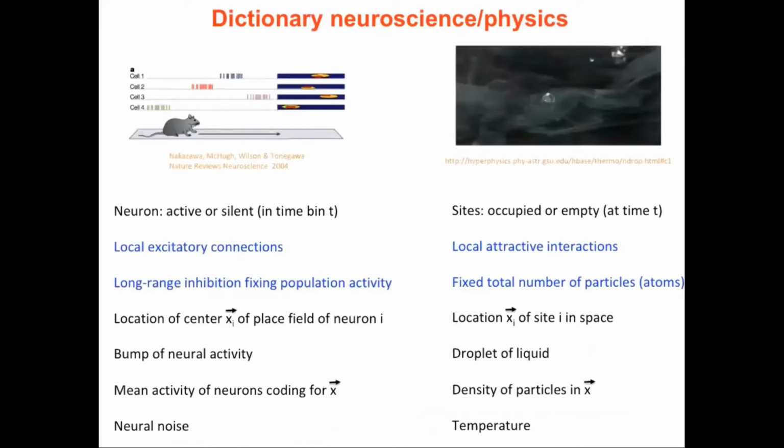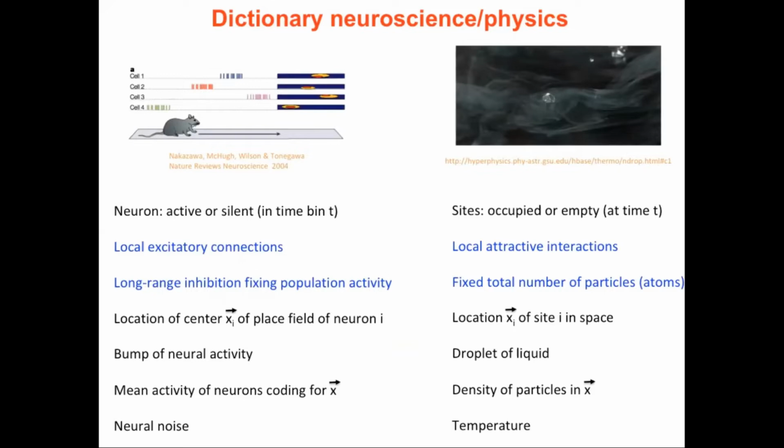So we see a very strong analogy between the neural network model I discussed before and this vapor-liquid model I have just introduced. And we can actually build a dictionary that is shown here. On the left, you see all the terms corresponding to the neuroscience problem we were discussing, and on the right, all the statistical physics terms. So for instance, the neurons can be active or silent at time t, which corresponds to a site which can be occupied or empty at the same time t.